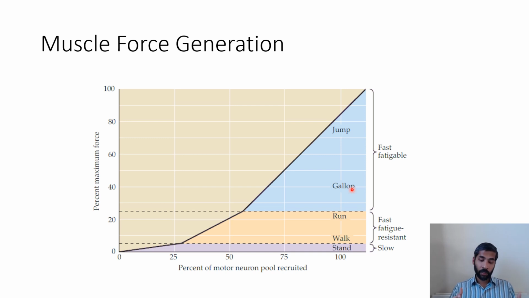motor neurons. When you're doing exercise, let's say you're lifting a heavy weight, what you're doing is you're employing the fast fatigable muscle fibers. When they are fatigued, you can't lift that much weight. So you can go to a lower weight and try to fatigue the fast fatigue resistant muscles, right?